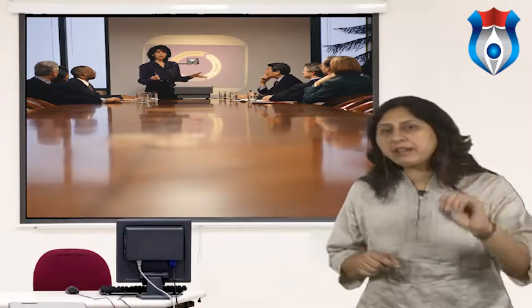So from the various definitions of quantitative technique, it is clear that scientific management has got wide scope.